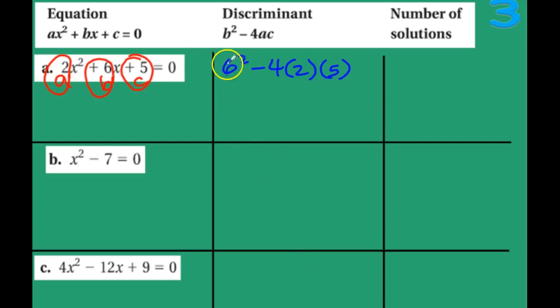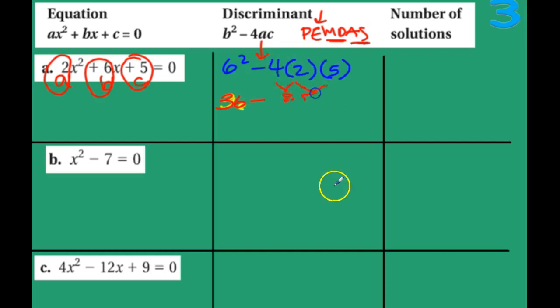If we simplify this, 6 times 6 is 36. And reminder, we're solving using our order of operations. Some of you forget that sometimes. We do our exponent first, then multiply and divide, then add and subtract. So we can't do our adding and subtracting yet. We have to do our multiplying. So we have 36 minus 4 times 2, which is 8.